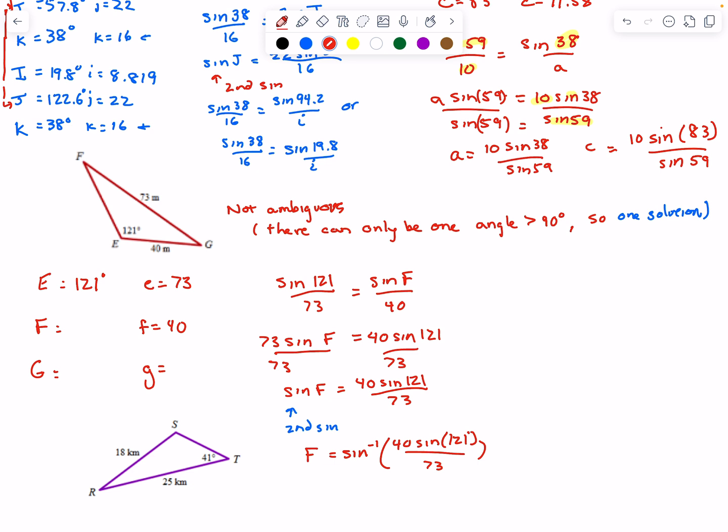So 28.01 degrees. Okay, and then we set up the same sets of proportions to get G, but using G's angle.